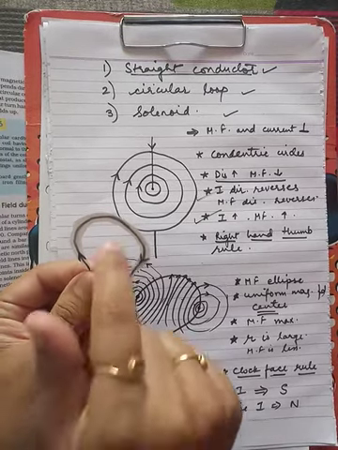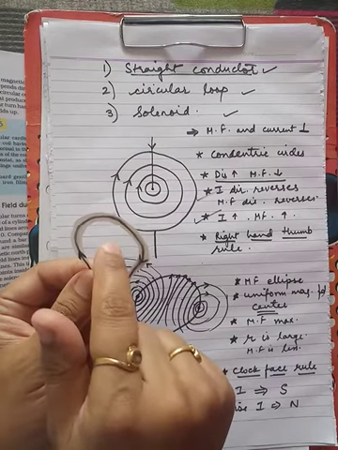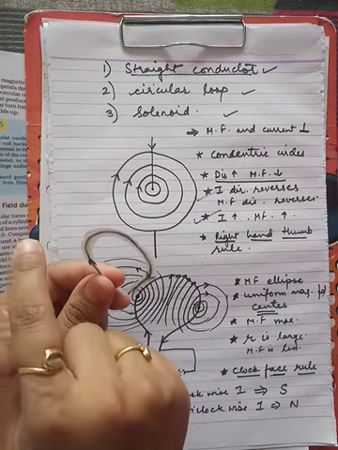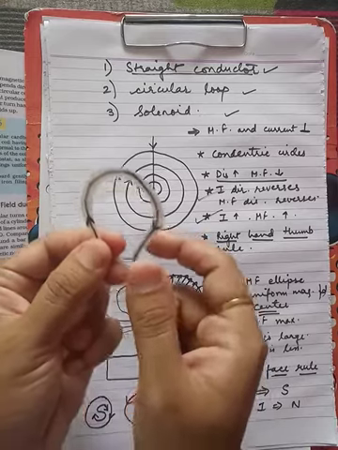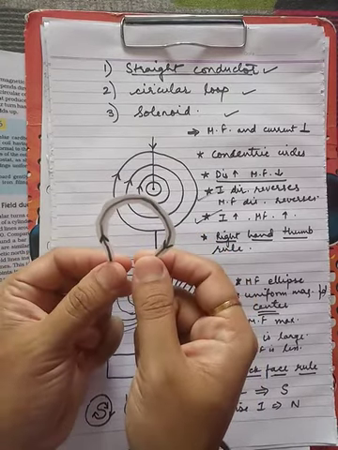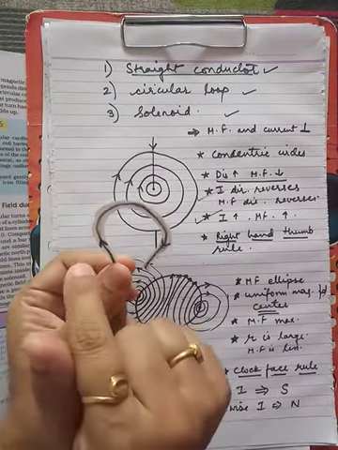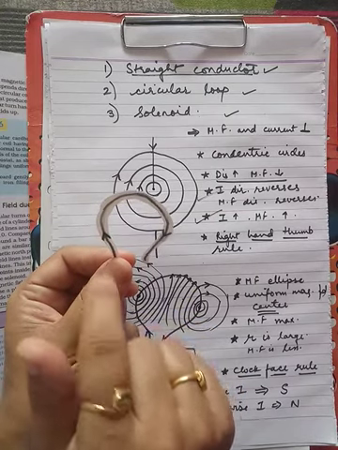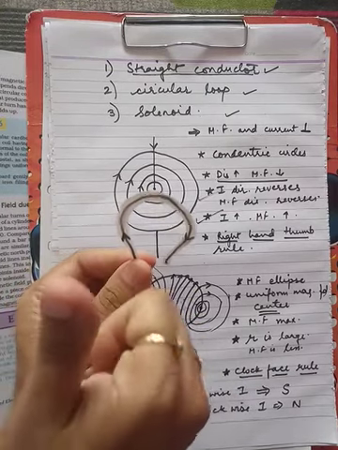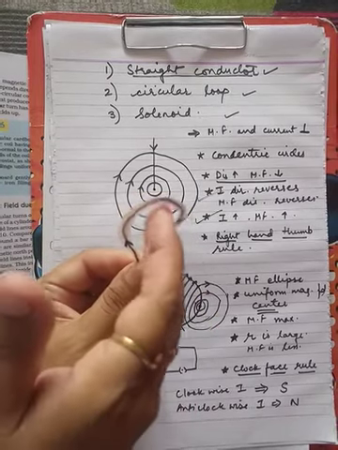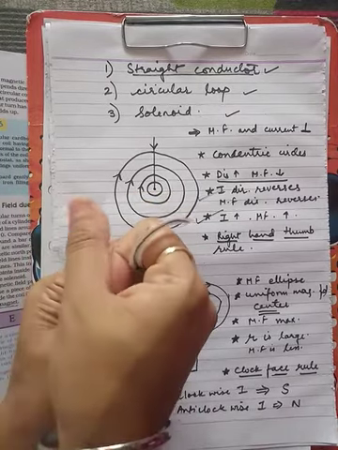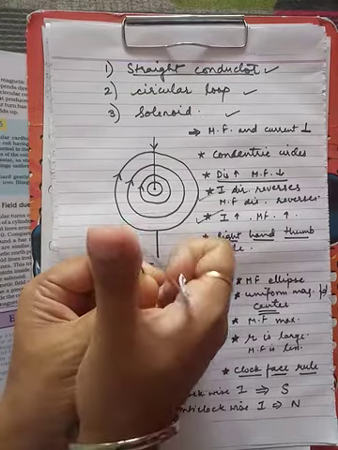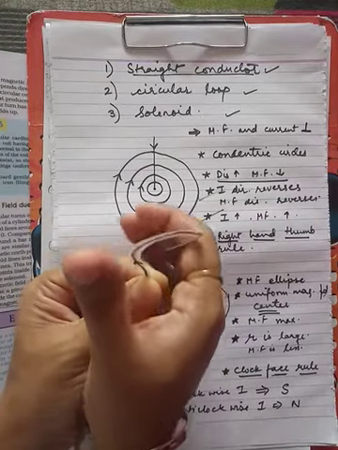It is going inside this plane, and outside it is coming out from the plane. How? Let us see with the help of right hand thumb rule. If right hand thumb rule is applied at this point, current direction is this, so my thumb will be like this and my fingers will be curling like this.